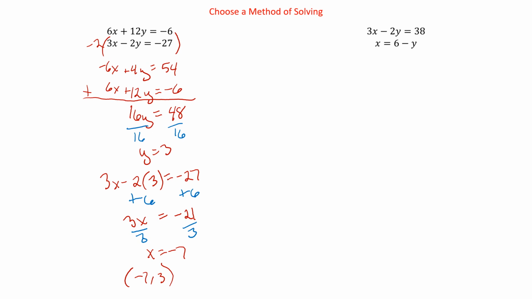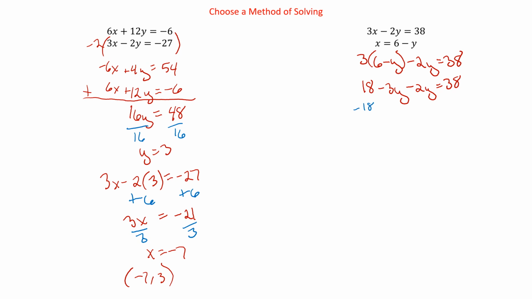For the second one, probably using substitution, it's set up for substitution. We could add the y over and then multiply if we wanted to, and we could use elimination, but let's use substitution. So we have x equals 6 minus y, so let's plug that into the top one. So we have 3 times x, which is 6 minus y, minus 2y equals 38. Distribute, 3 times 6 is 18, minus 3y minus 2y equals 38.